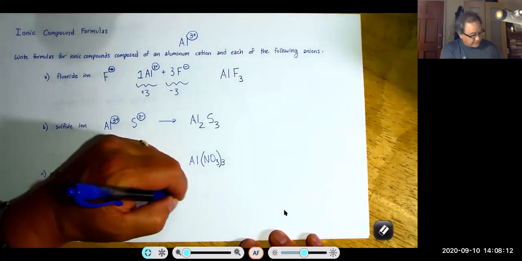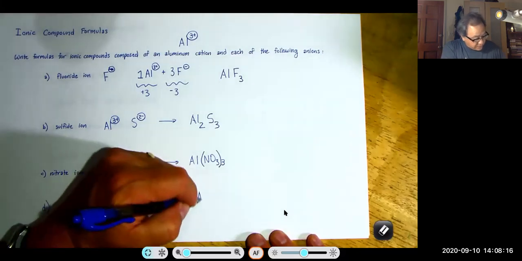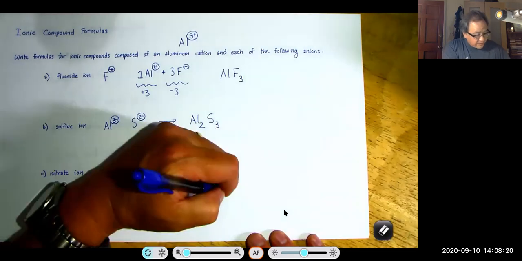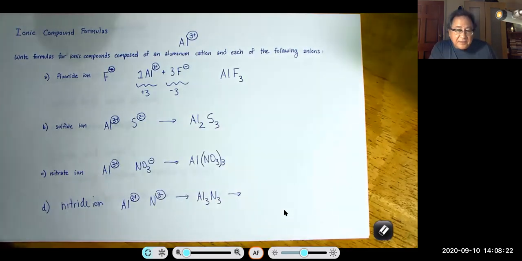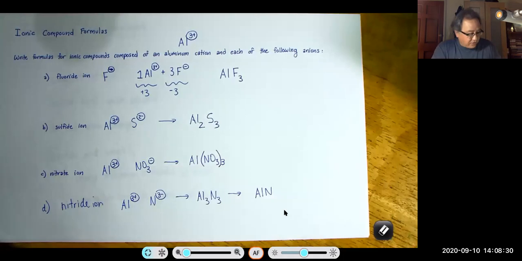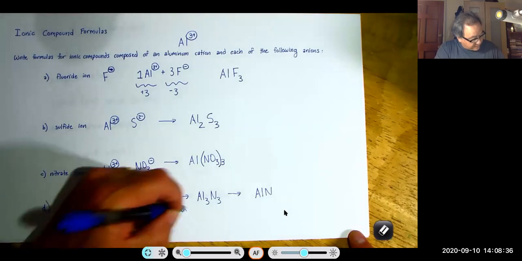So this 3 becomes aluminum 3, and this 3 becomes nitrogen 3. But we want the simplest ratio. What's the same as a 3-to-3 ratio? And the answer is 1-to-1. So this is the simplify. Switch, simplify.